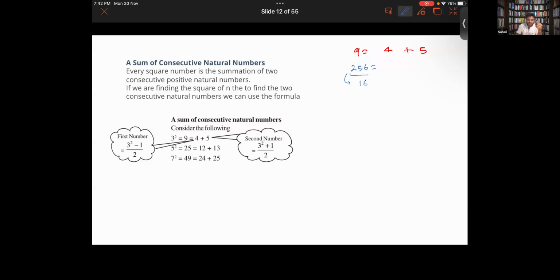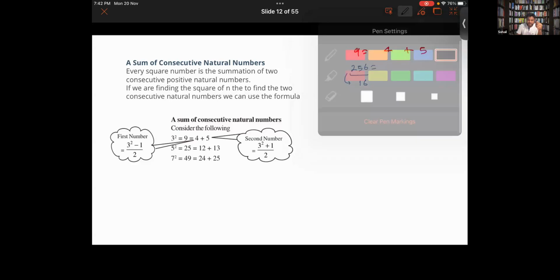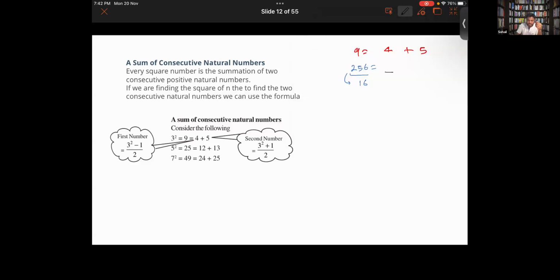As Arhan is saying, 256 is the square of 16. I need to say a plus b. What will be a? What will be b? I can write a as (16 squared minus 1) upon 2. That will be 256 minus 1, that is 255 upon 2. And b is (16 squared plus 1) upon 2, that will be 257 upon 2.